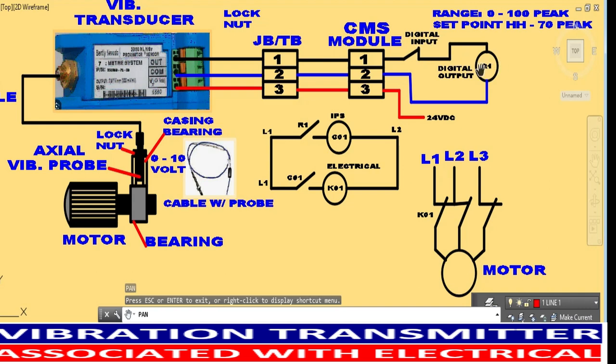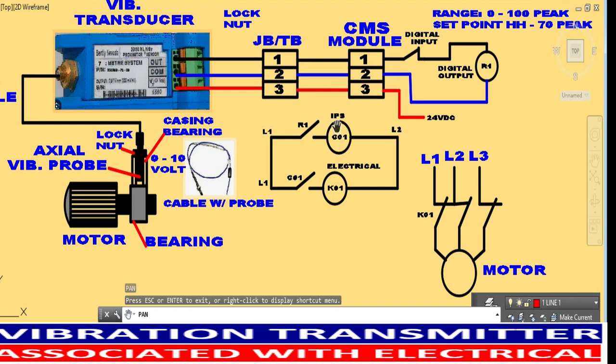Once this digital input contact closes, the R1 digital output will be energized. Once R1 is energized, its auxiliary contact will close. Once this R1 normal contact closes, then the CO1 of the IPS, the instrument protective system, will be energized.